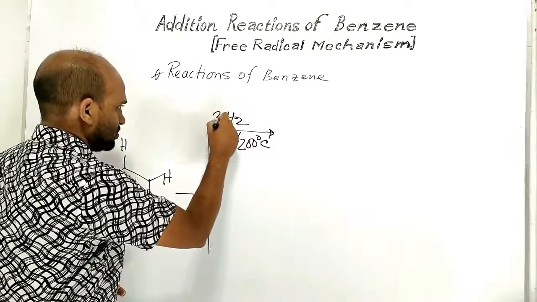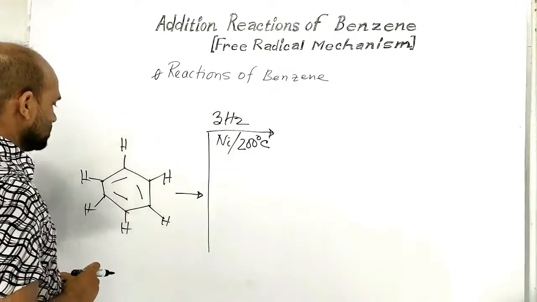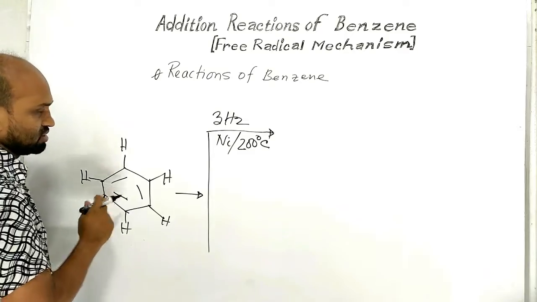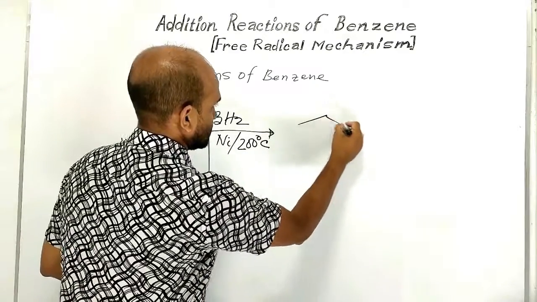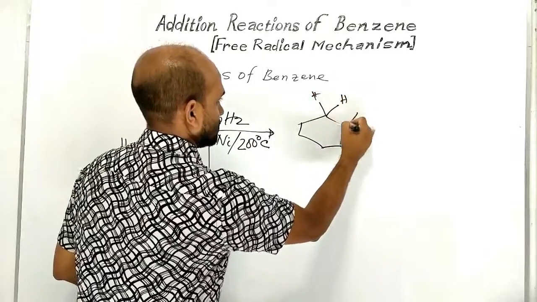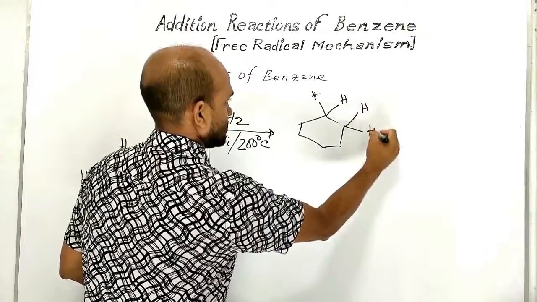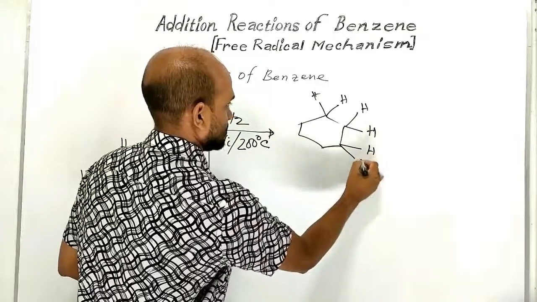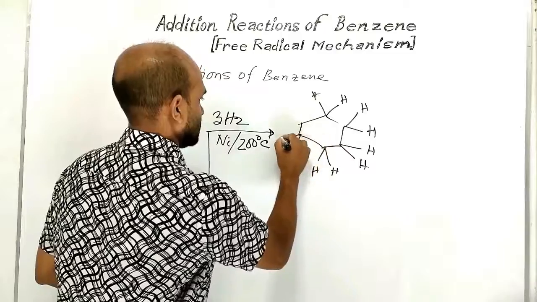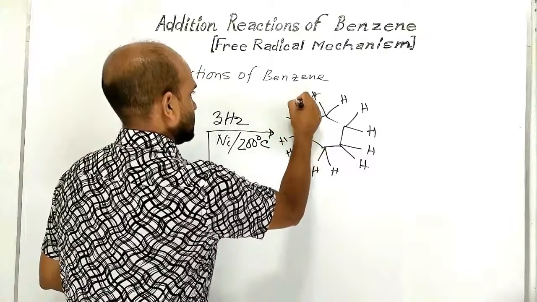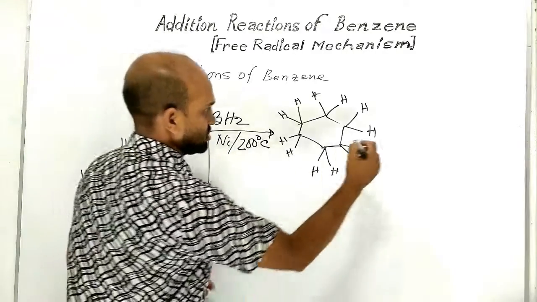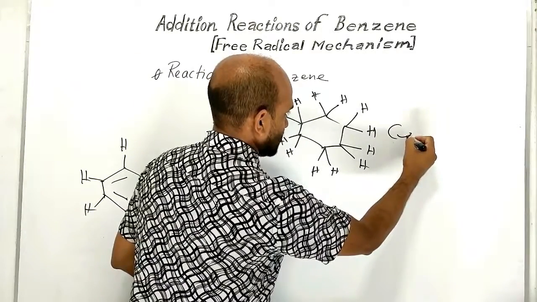Then 3 molecules of hydrogen combine with 3 double bonds of benzene. Then we get this compound. Its name is cyclohexane.